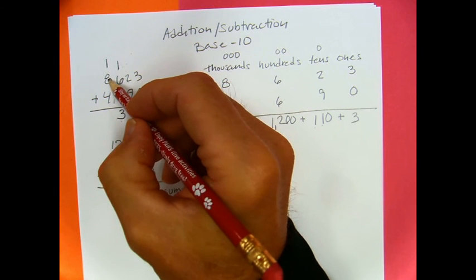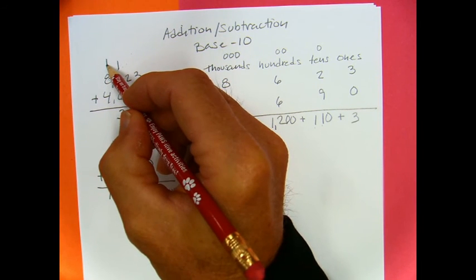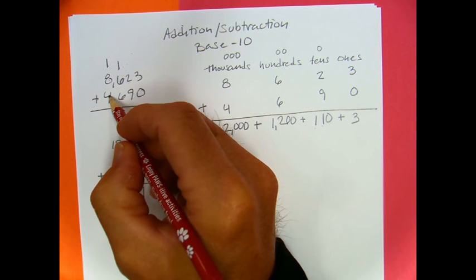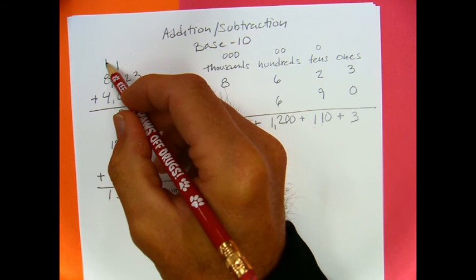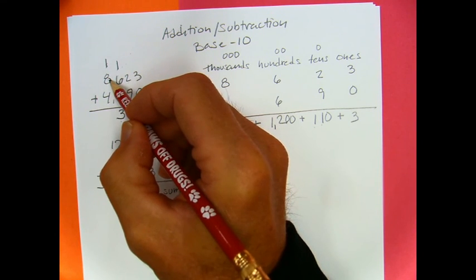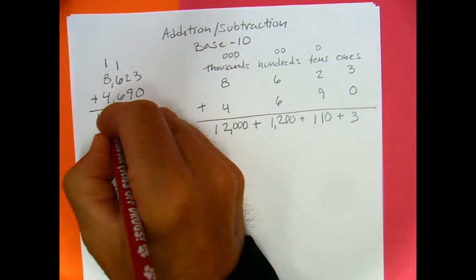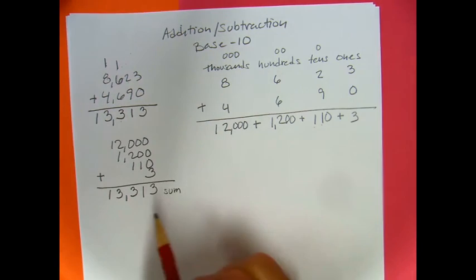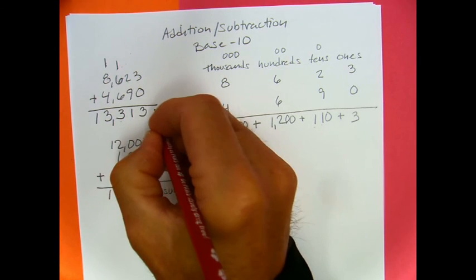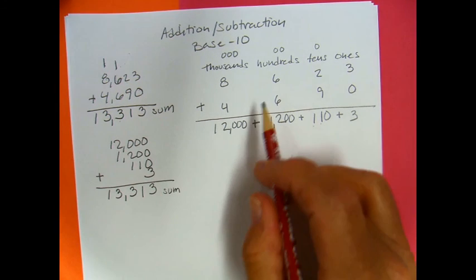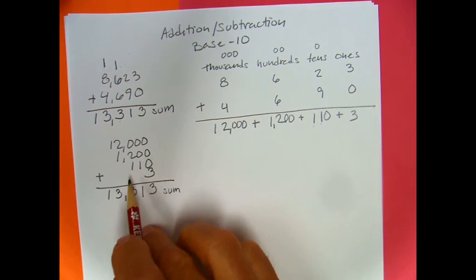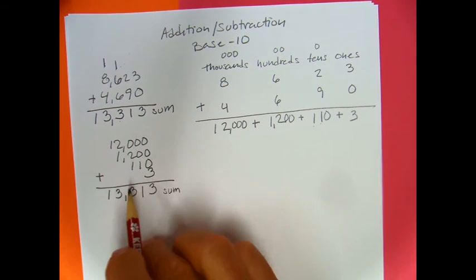I got 8 and 9, and plus a 4 is 13. Or I could say my 4 plus my 1 is 5, plus my 8 is 13, and I'm going to go ahead and put that in there too. Did we get the same sums? Yes, we did. We got exactly the same sums doing all three of these different methods.